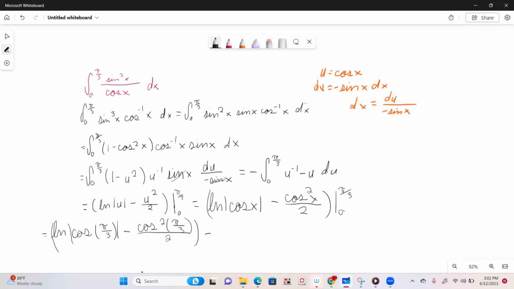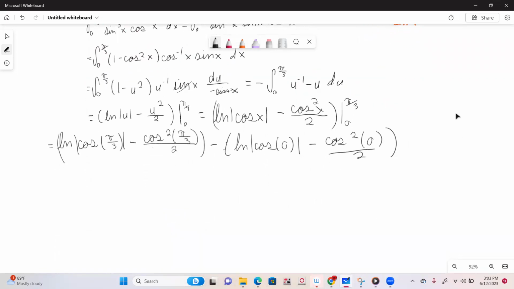And then we're going to subtract ln of cosine of 0 minus cosine squared 0 over 2. So this is going to be the ln. Cosine at pi over 3 is 1/2, so this is the ln of 1/2.